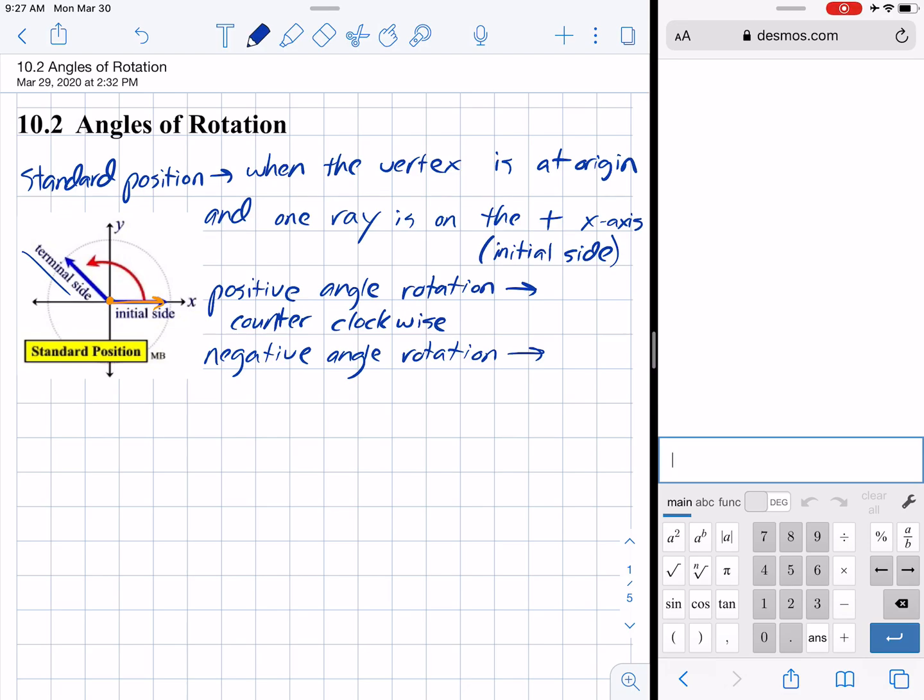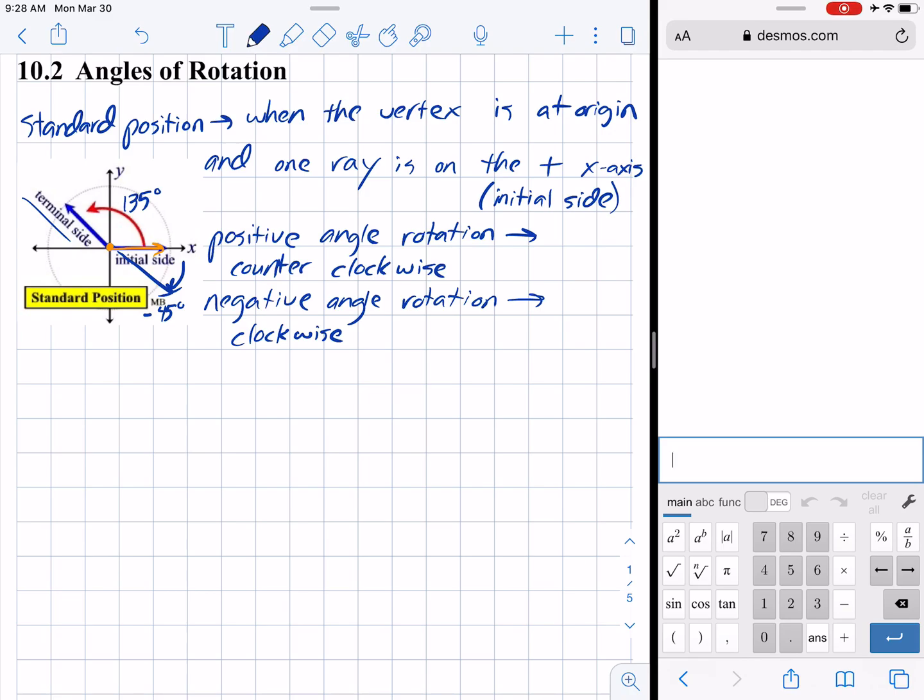So we can have a negative angle rotation that would rotate this direction. So this looks like it's about a 135 degree rotation. You could also rotate negative 135 or something like negative 45 degrees. And now our terminal side would be opening down over here. And we'll have plenty of examples like that in just a sec. Negative angle rotation rotates clockwise.